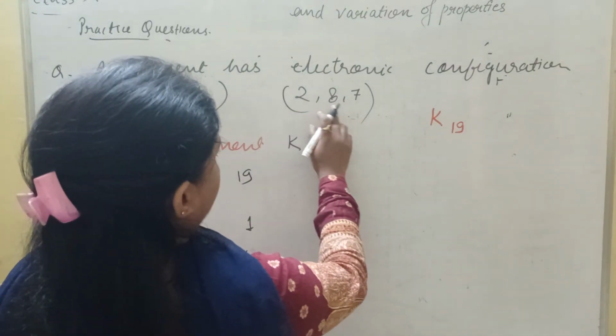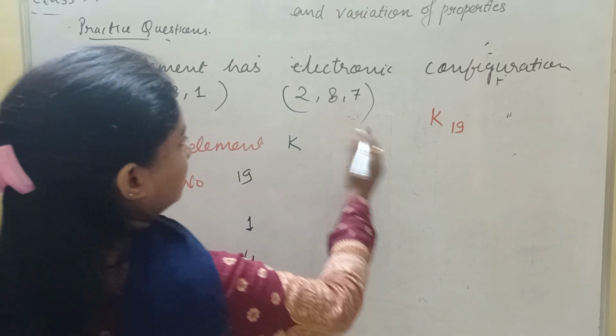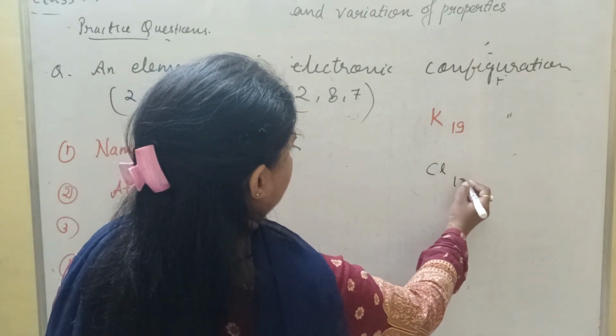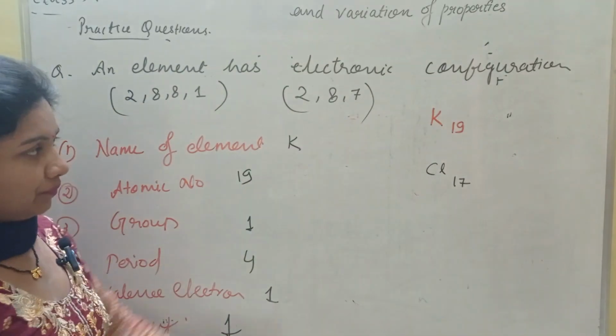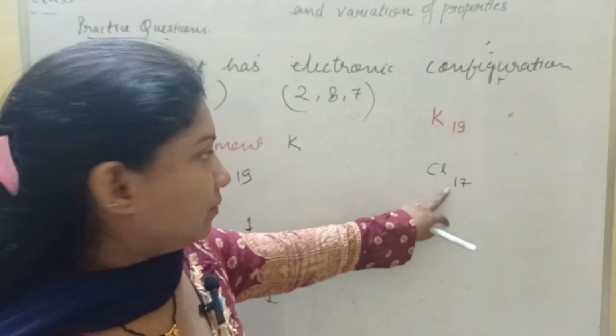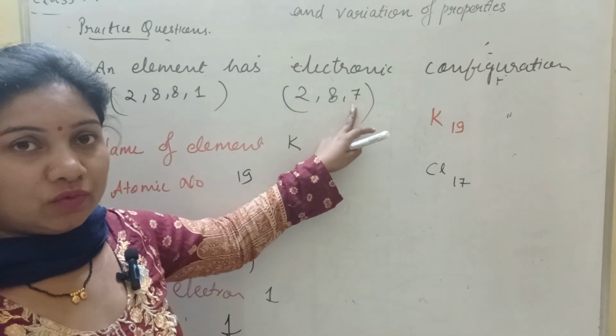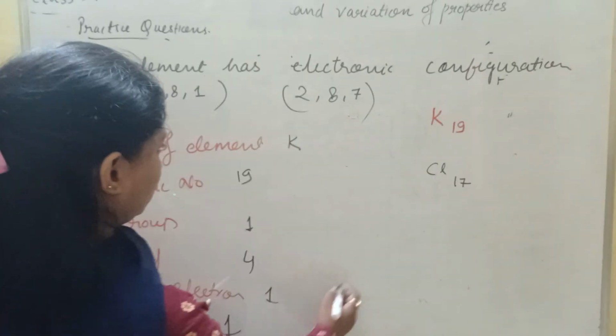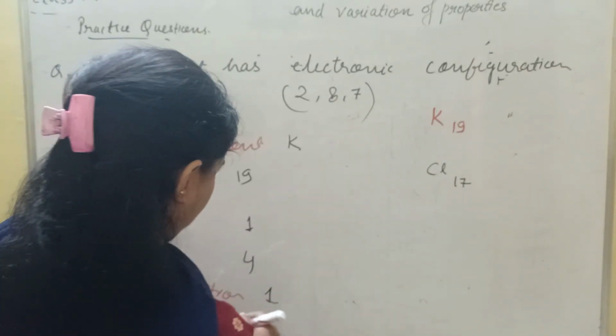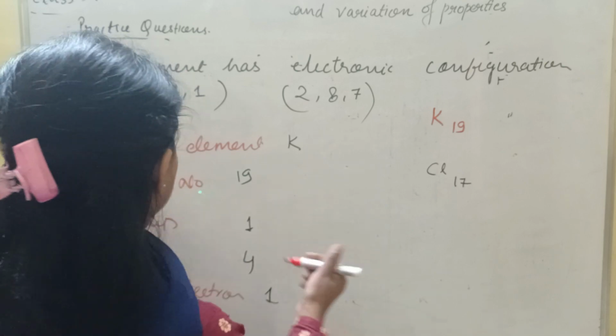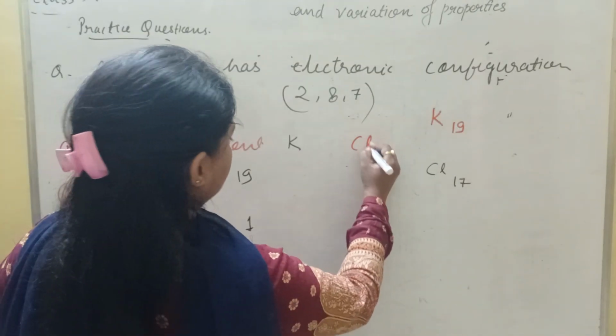Second is 2, 8, 7. 8 plus 2, 10 plus 7, 17. Chlorine has atomic number 17. Okay? So here there are 7 electrons in the valence shell. So the element is chlorine.